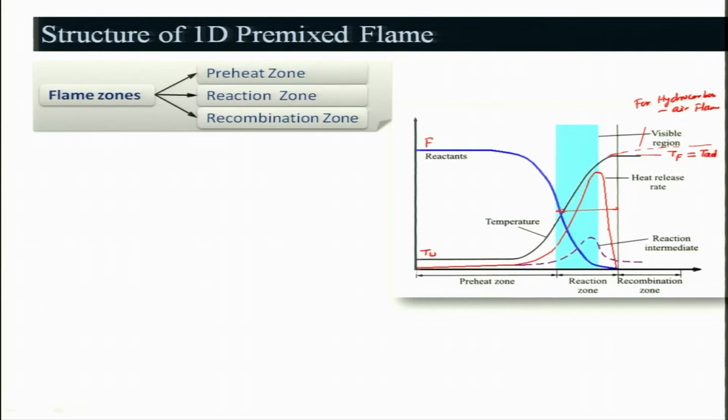So you can broadly divide into 4 zones: preheat zone, reaction zone, recombination. Some heat is released here also in an actual situation, but for our analysis we will be talking about only 3 zones, keep in mind that. And there will be a zone where there won't be any rise in the temperature.